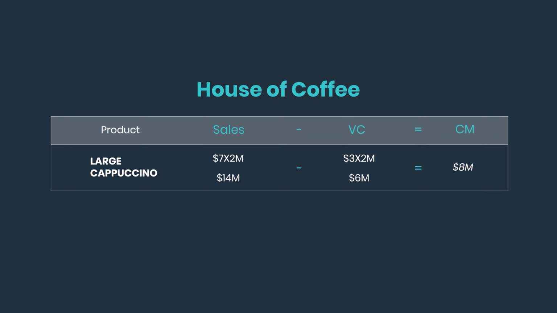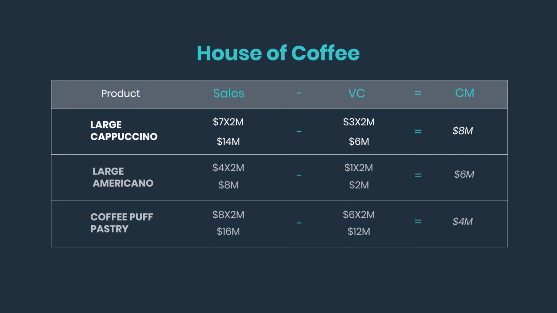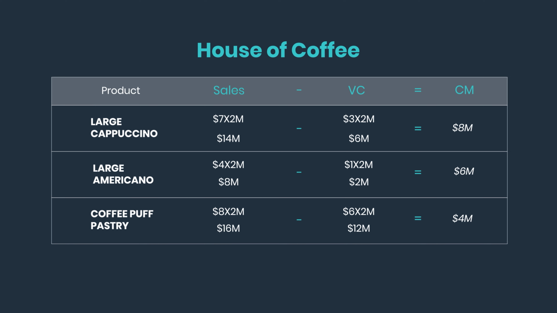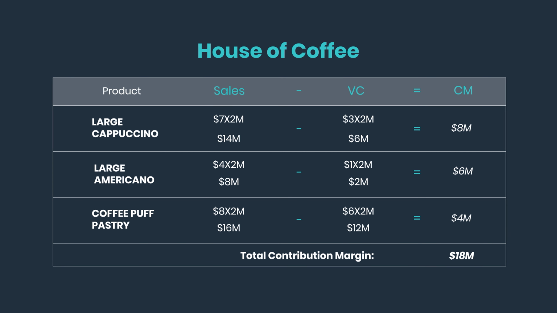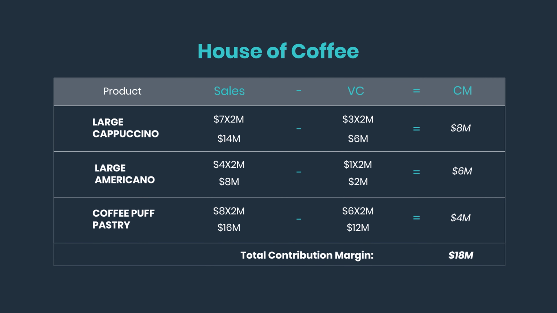In the table, you'll see we've completed the same calculations for the other two products, and when we add them together, we get a total contribution margin of $18 million. Notice that these are the same results we found for each product's contribution margins at 2 million units sold in lesson 2.3, when we were comparing the products at different sales volume.